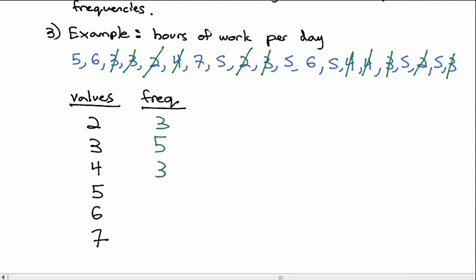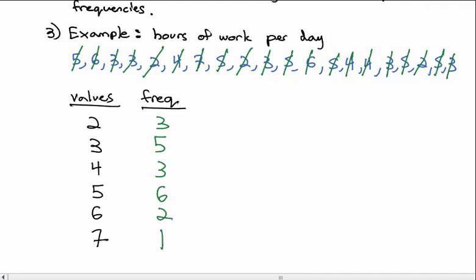How many 5s occurred? 1, 2, 3, 4, 5, 6 5s. How many sixes? 1, 2 sixes, and finally a single 7. So now we've got our frequencies. But again, frequency, whoops, not 7 sevens, we had 1 7. Sorry about that.